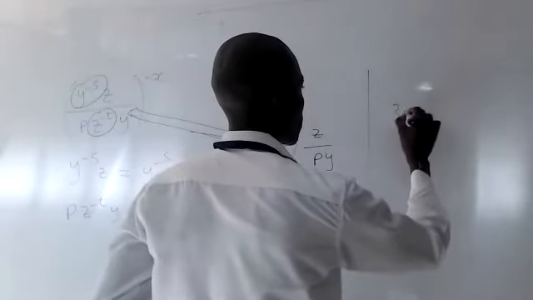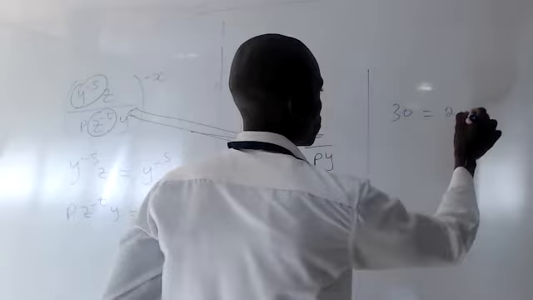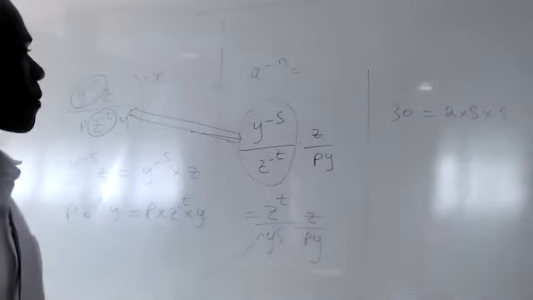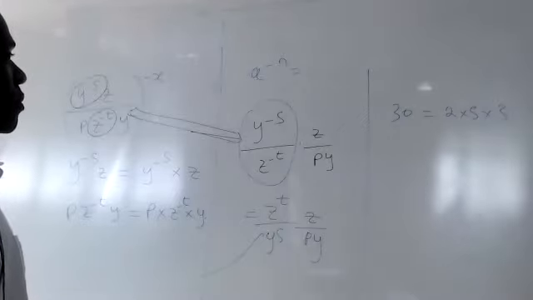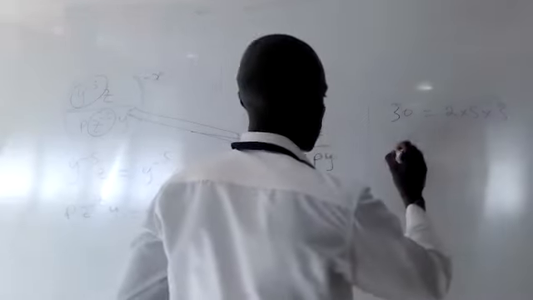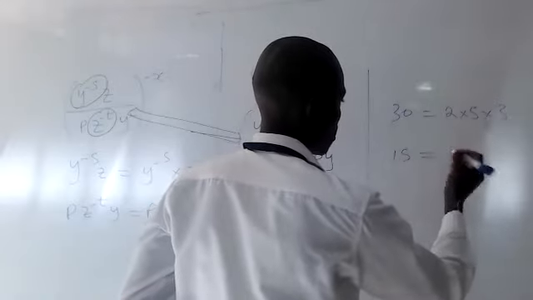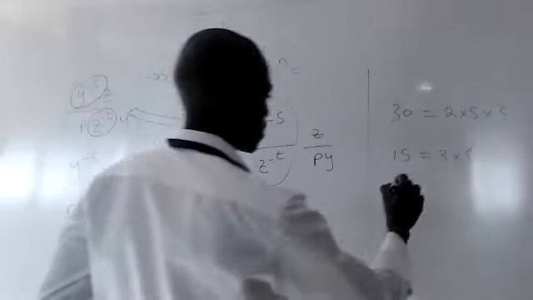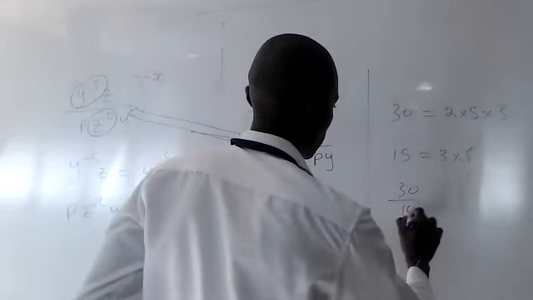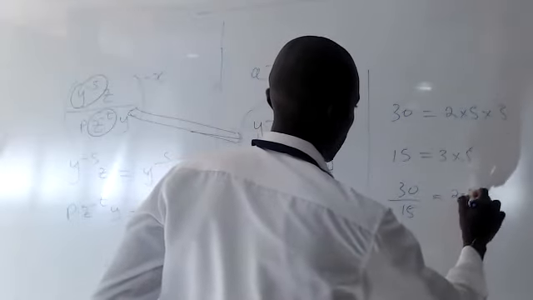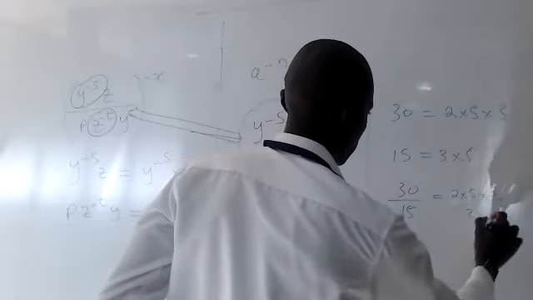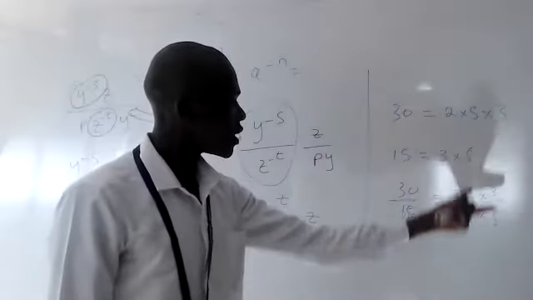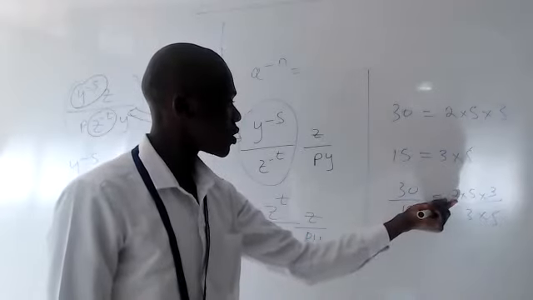For example, you can write 30 as 2 times 5 times 3. And suppose you also have a 15 written as 3 times 5. So that 30 divided by 15 is the same as 2 times 5 times 3 divided by 3 times 5. Then now I just divide the like terms and remain with what is not common.